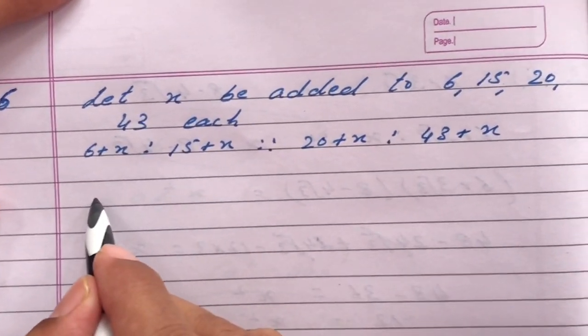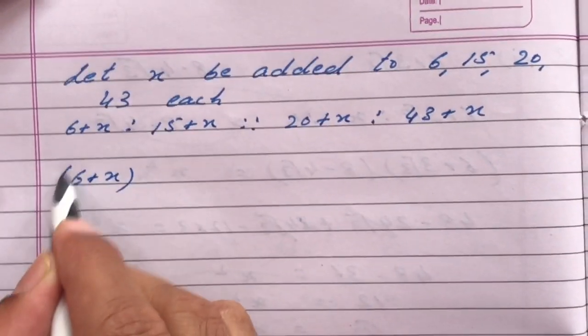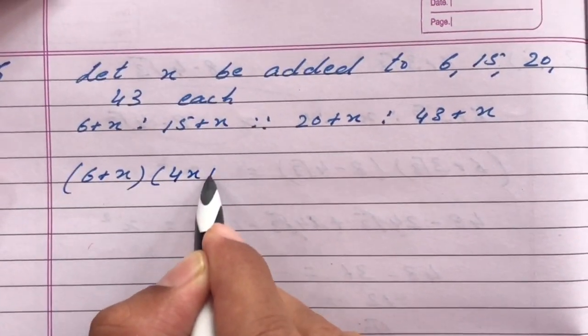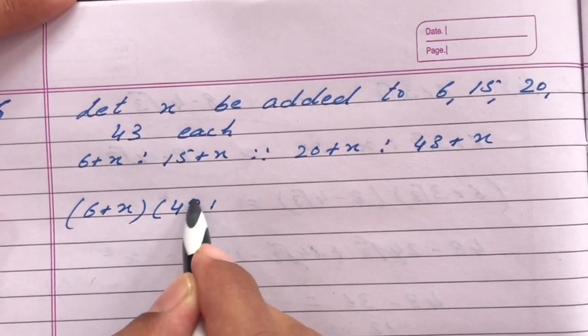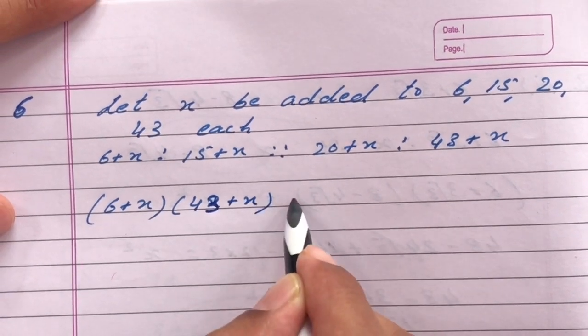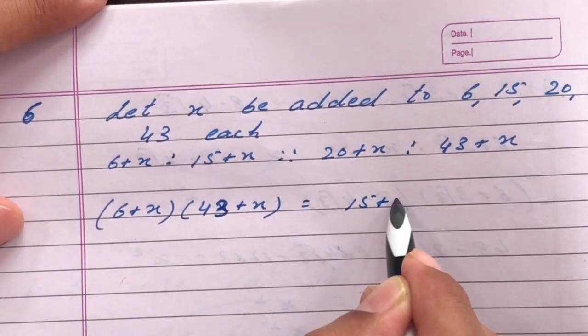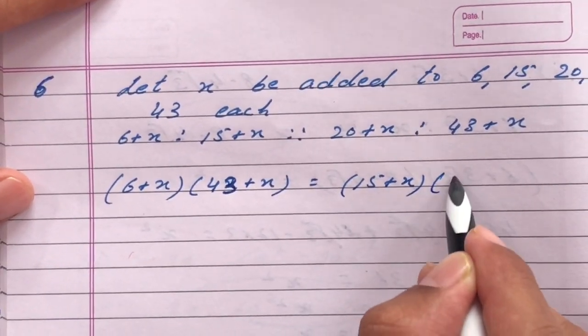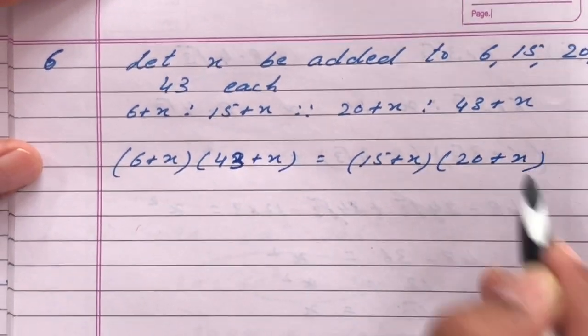Then again, product of extremes. It is 6 plus x into 43 plus x is equal to 15 plus x into 20 plus x.